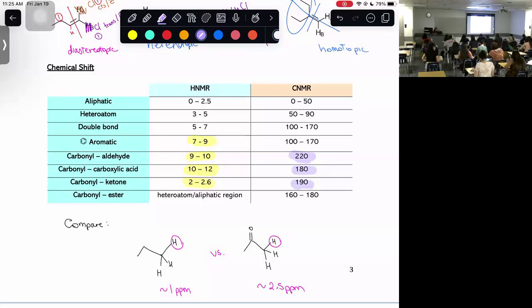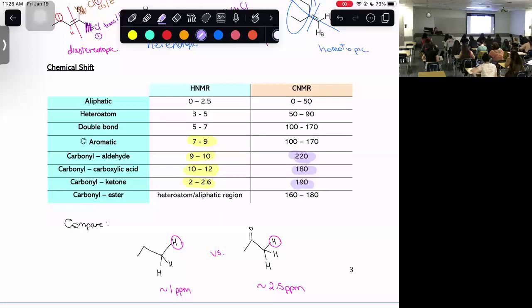Okay. Now, before, when we were talking about the different aspects of HNMR, and we were talking about chemical shift specifically, we had 2 terms, deshielded and shielded. Deshielded, what was it? How do we know something is deshielded? It's on the left side of the spectrum, yes, but how do I know? Just by looking at a molecule. If it's close to something that has a lot of electron density.